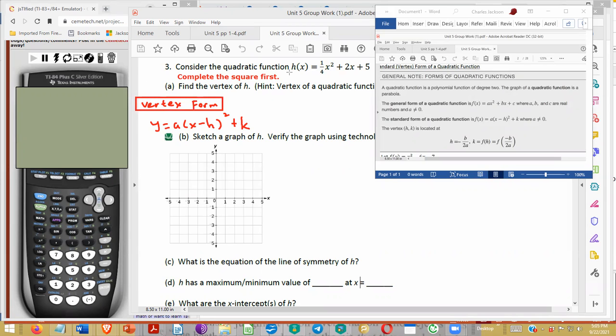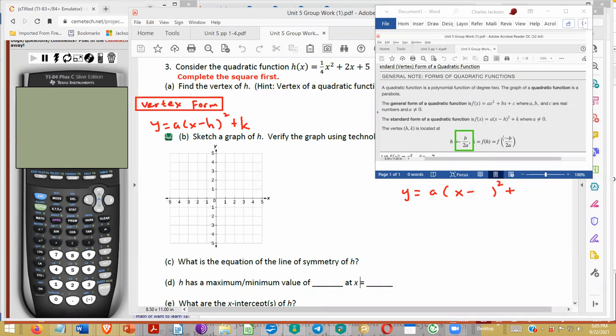Okay, so we're going to put in the pieces of that form. y equals a times the square of x minus something, plus k, plus something. First something is minus b over 2a.